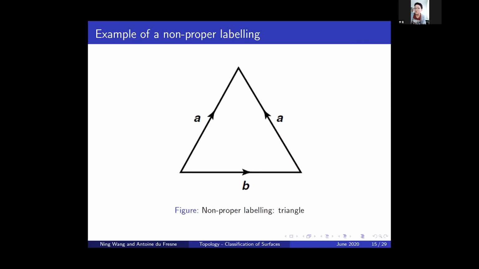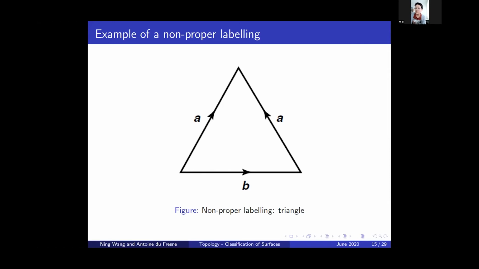So in fact, two edges with the same label will be pasted together. And furthermore, the polygonal region has to have an even number of edges, because otherwise it won't be possible to apply the proper labeling scheme. A triangle can't have the proper labeling applied because it has an odd number of edges, so 3.